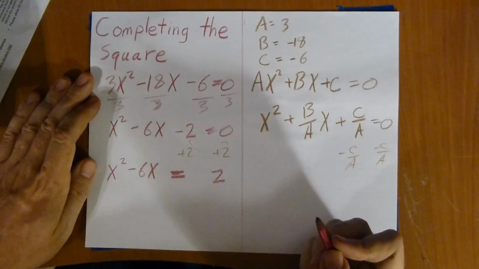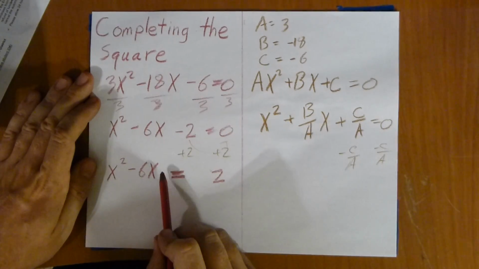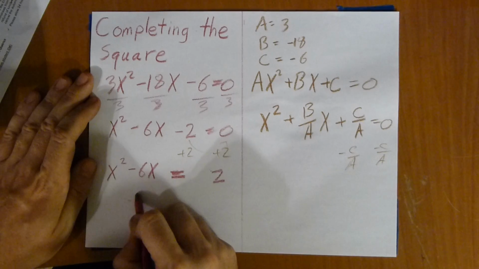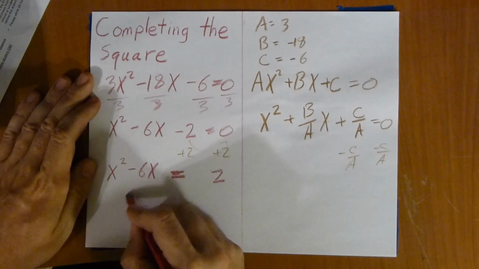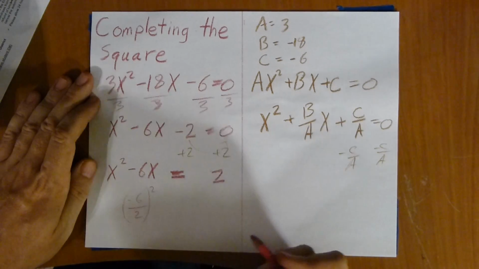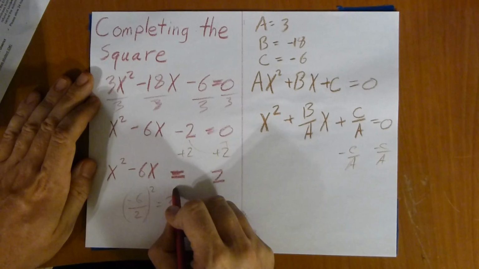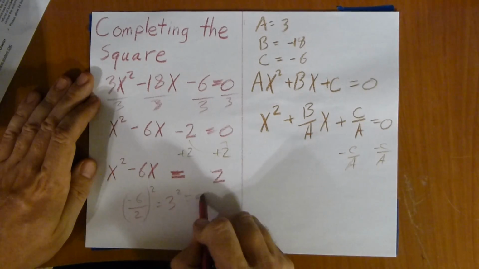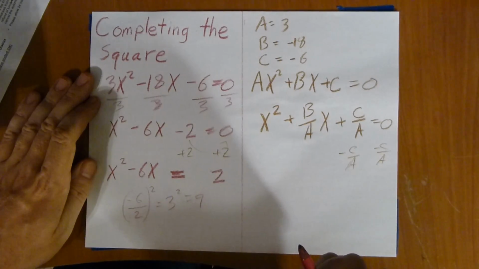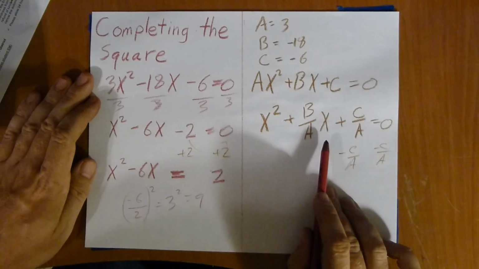equals 2. Now, what we're going to do right here is something a little tricky. We're going to take 6, and just follow this step for a moment, half of it gives us 3, squared, or 9. Do the same thing over here.